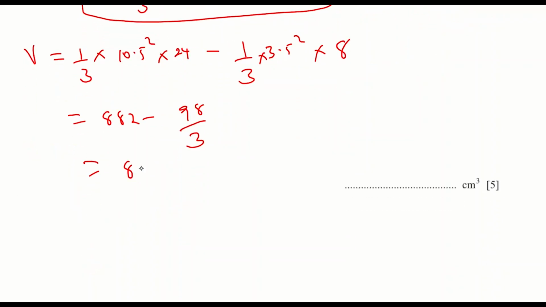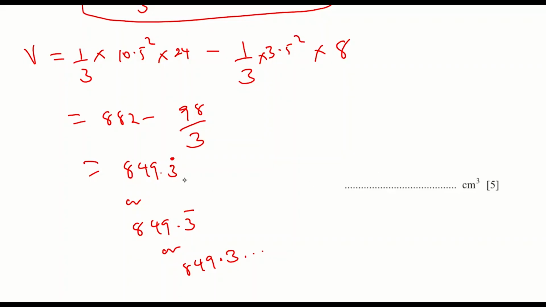This will be 849.3, then you can put a dot on the repeated digit, or you can put a bar on the repeated digit, or you can put a sign of ellipsis. This tells you that 3 goes on forever and ever. You can use any of these three ways to denote repeated digits.